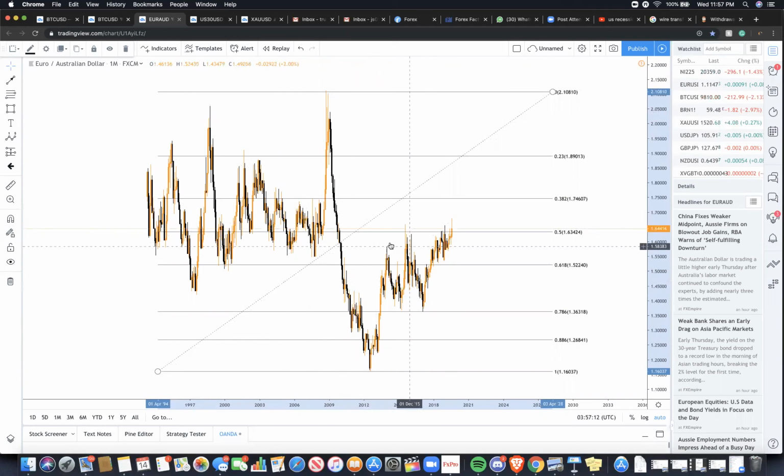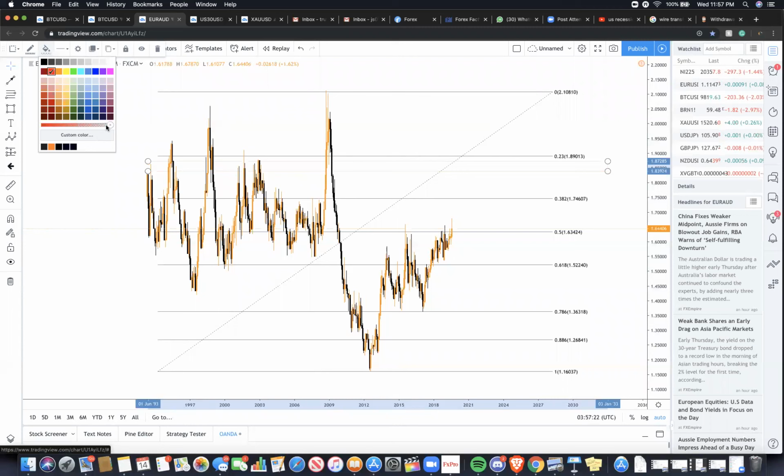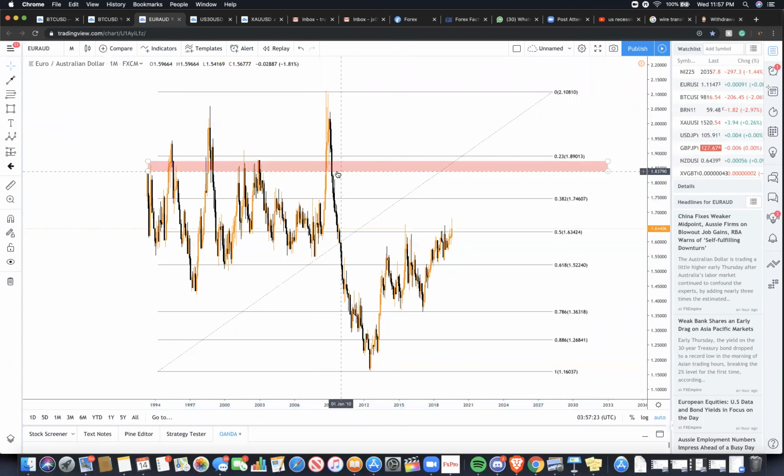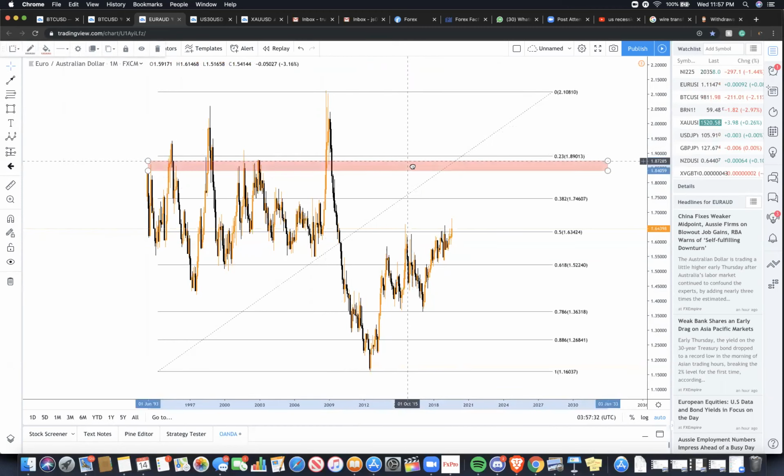The whole important thing that we should pay attention to here is that after the market broke this level here, right? The market never came back to retest it in any of these time frames, right? Well, specifically in this monthly time frame.